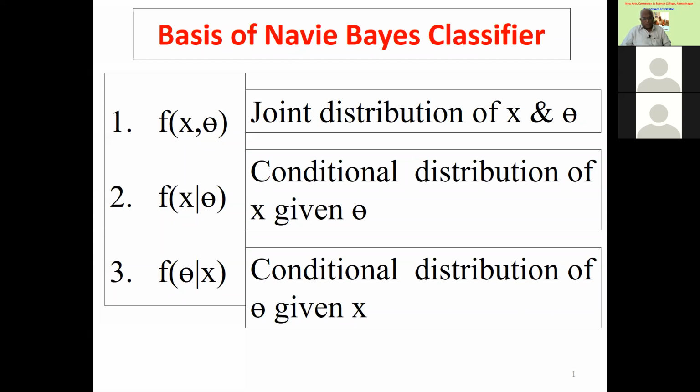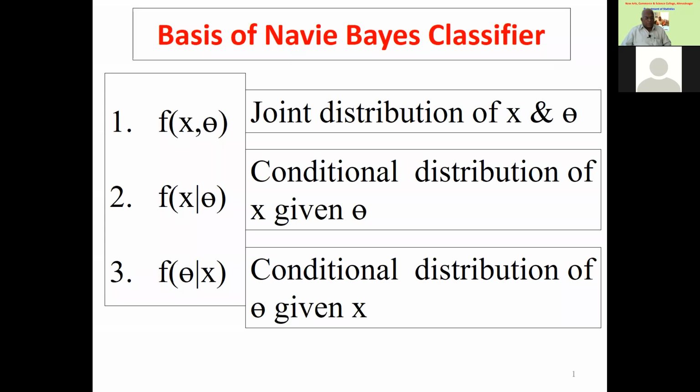And so if you see the third condition, f of theta given x, conditional distribution of theta given x. In 2, we assume that theta is given. In 3, we assume that x is given. So among the given theta and the given x, the more realistic is the third one, because we always have a sample, and that sample is a given information.